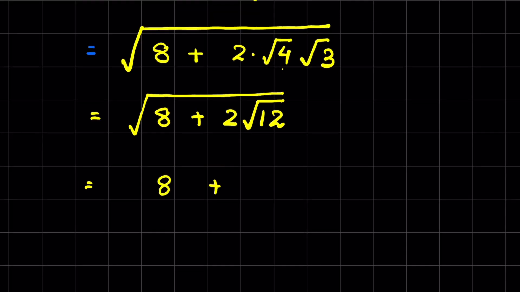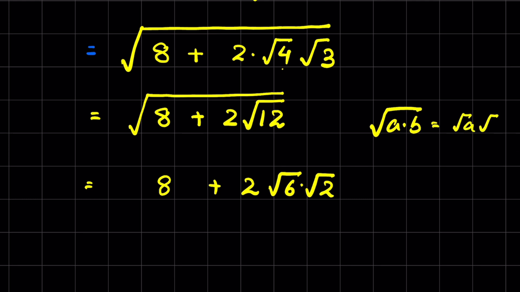Or 12 we can write it as 6 times 2 under square root, or we can write it as square root of 6 times square root of 2, because a times b under square root is equal to square root of a times square root of b.